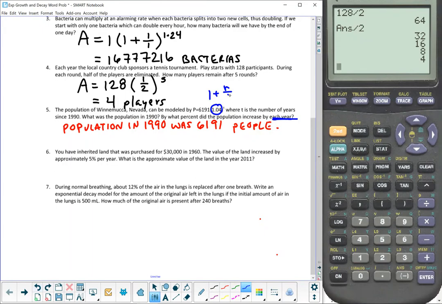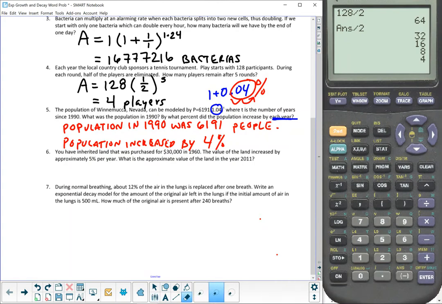So it's 1 plus 0.04. Our percent is based off this 0.04, which is 4%, because moving 2 decimal places makes 4%. So the population increased by 4%. And that's pretty much it for number 5.